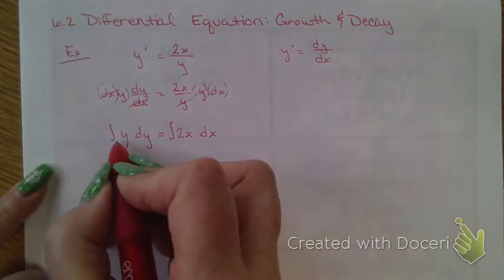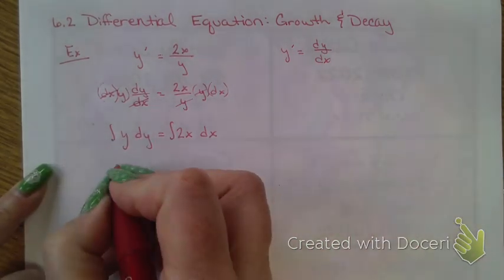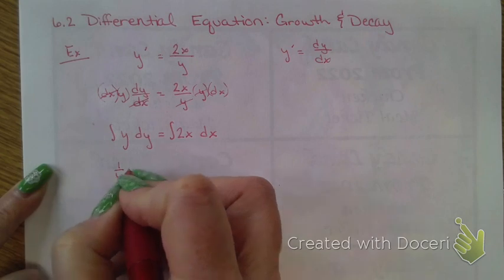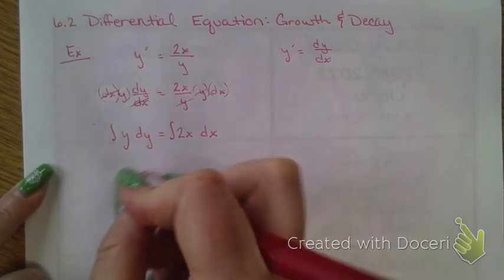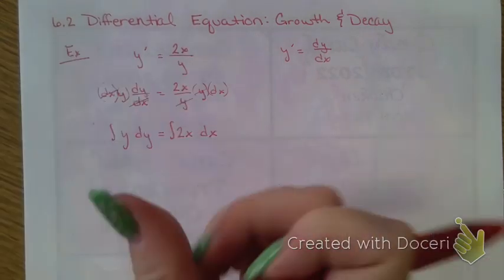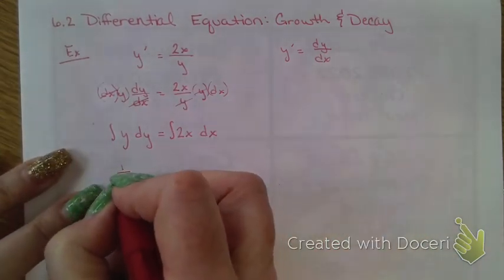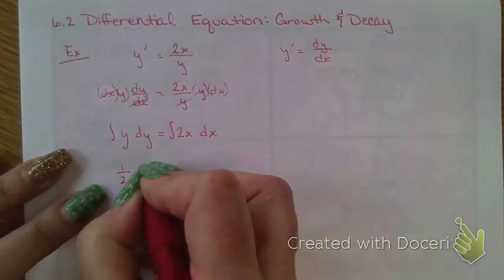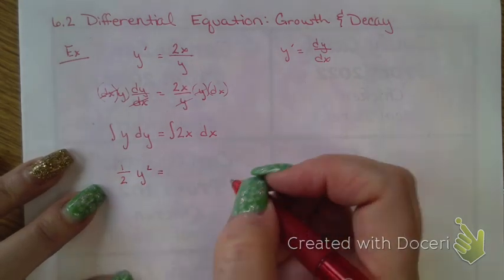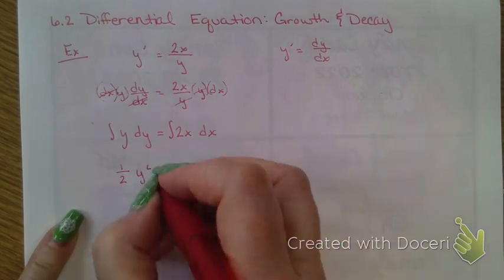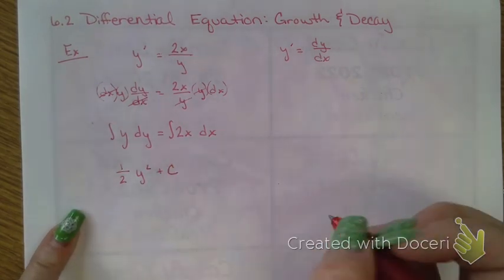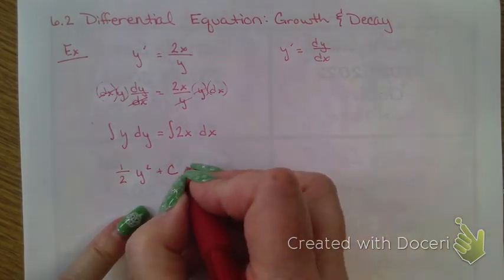So we have y, so that would be what, 1/2 y squared equals, and technically it's plus c, yes? Okay, we're not always going to do this, and I'm going to show you what happens to it.